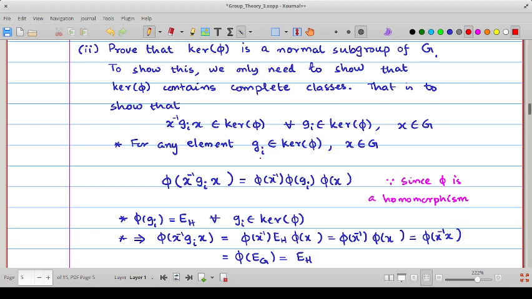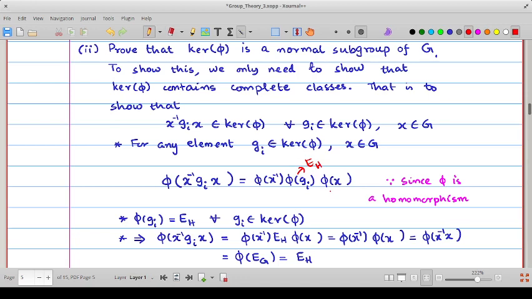So now consider an element Gi of kernel of phi. Then consider the mapping of x inverse Gi x by phi. So phi of x inverse Gi x, because phi is a homomorphism, is simply phi x inverse times phi Gi times phi x. Now Gi is an element of the kernel of phi, and therefore this should be equal to EH.